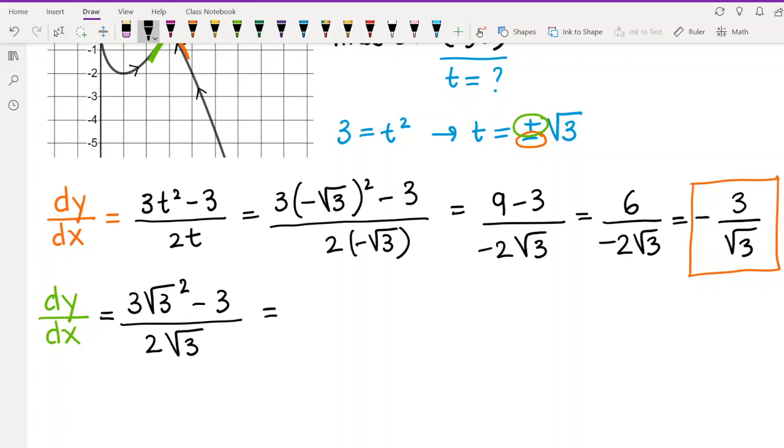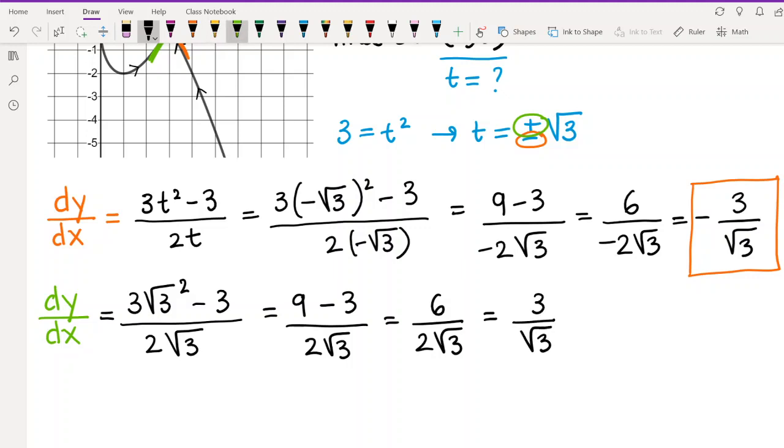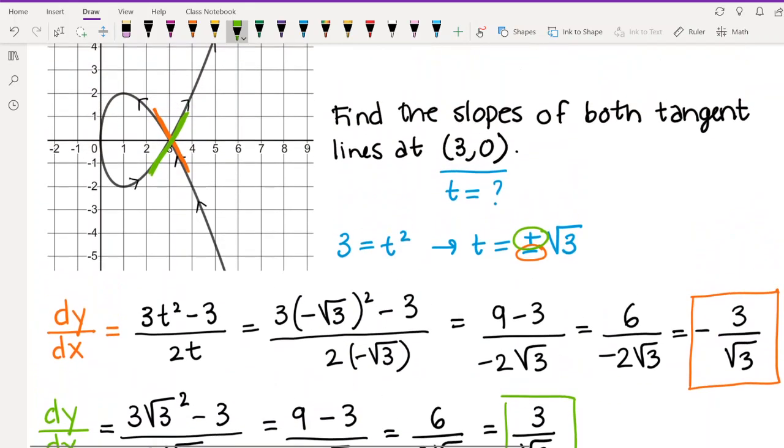And so this would give us, again, 9 minus 3, but now over positive 2 root 3. So 6 over 2 root 3, and this would end up giving us positive 3 over root 3. And so we can see that we get 2 different slopes of tangent lines at the same x value, but they're at different t values.